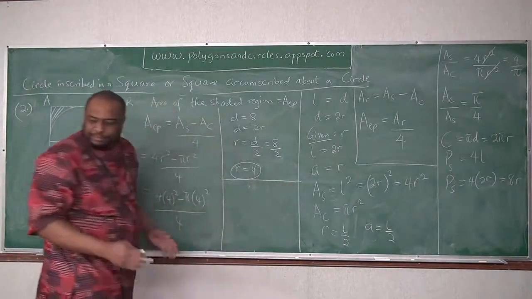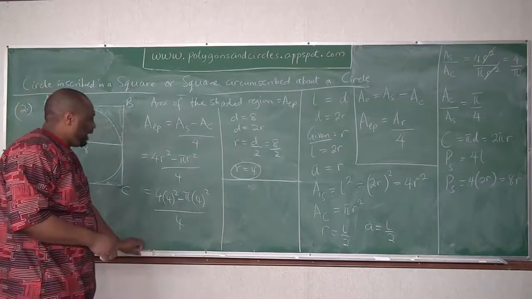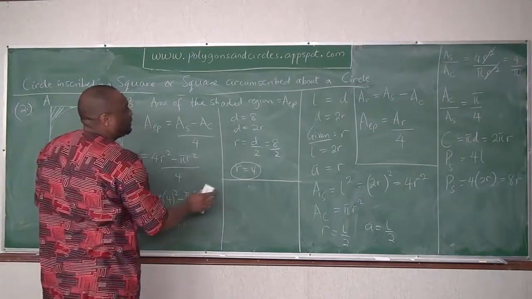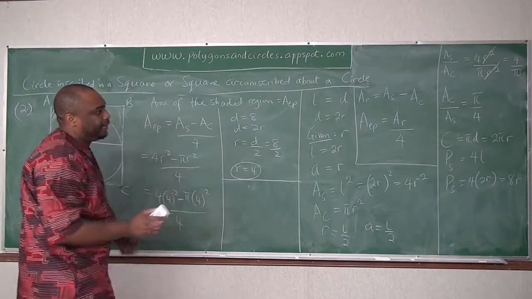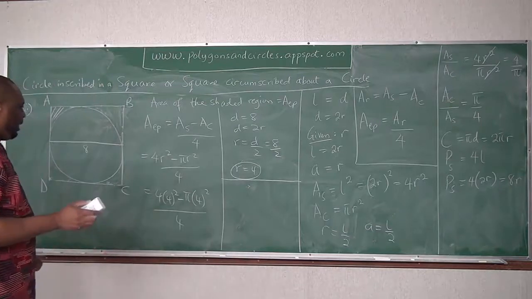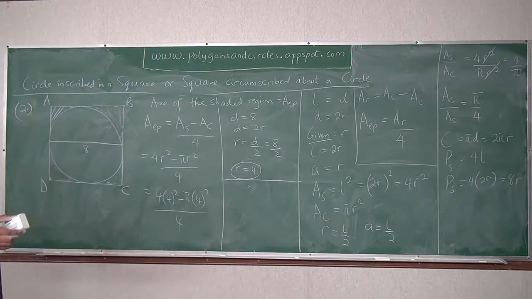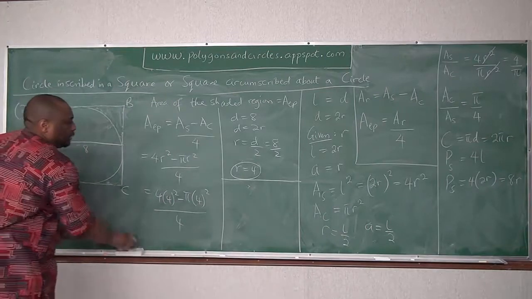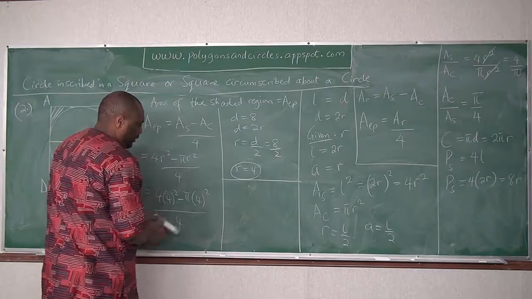In the options, they simplify this in terms of pi, and that is what I'm going to do. I will simplify it also in terms of pi. I need space.